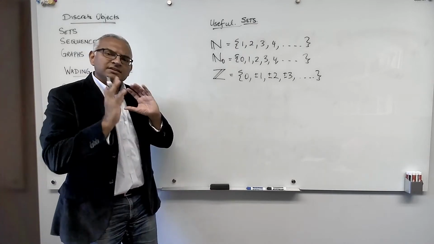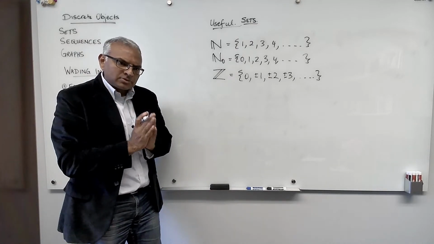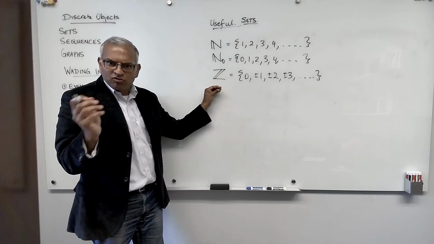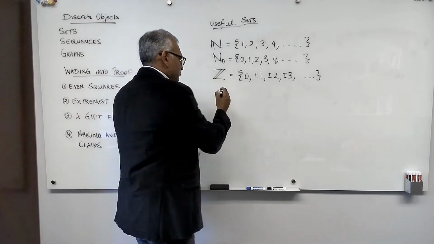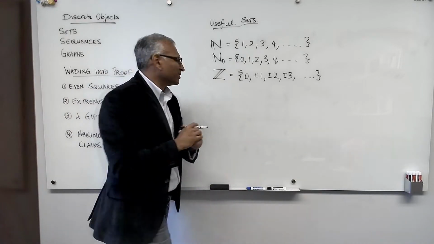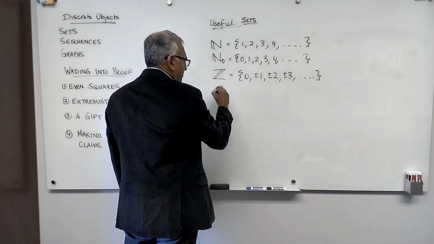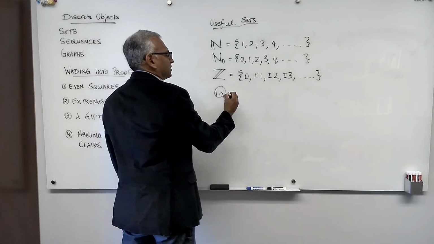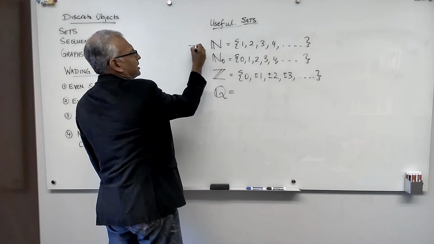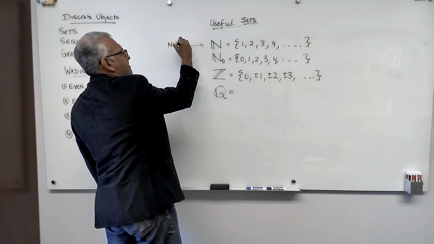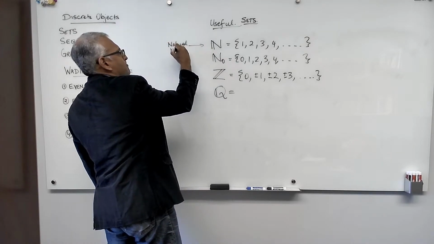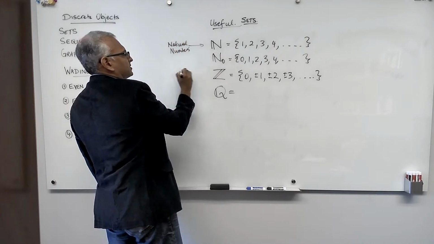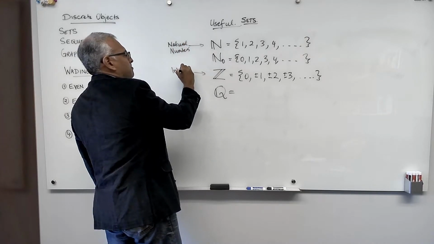There's another interesting set, which I'll tell you what it is, but we'll formally define it very shortly, which is what I call the ratios, or the rational numbers. So this is natural numbers. This is integers.